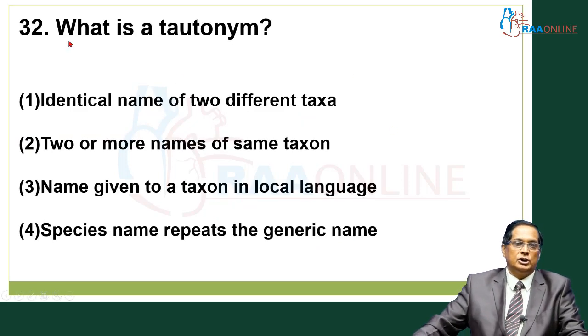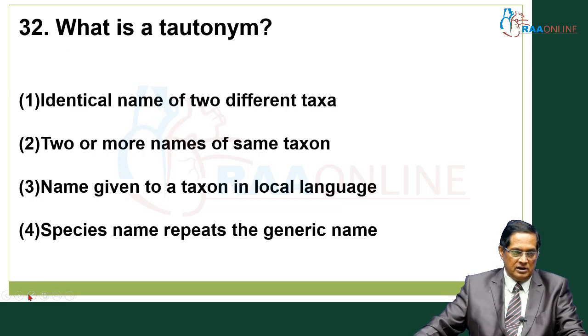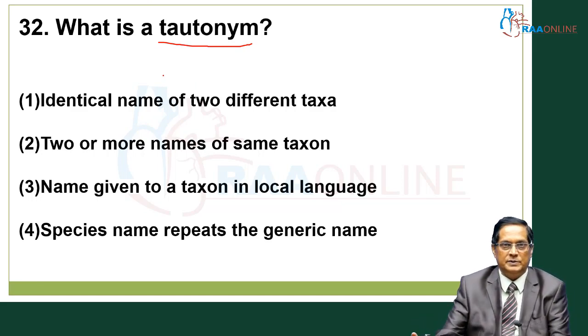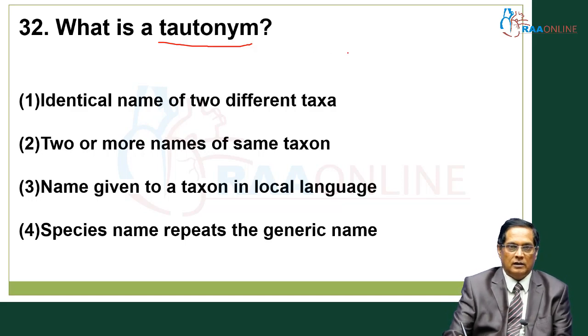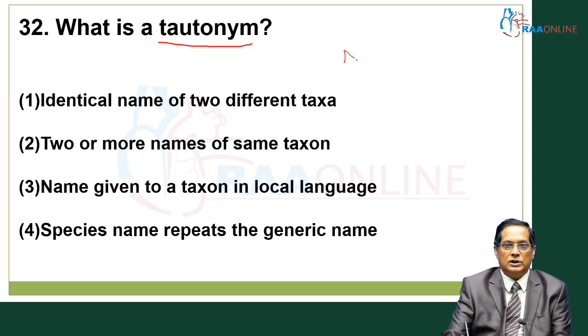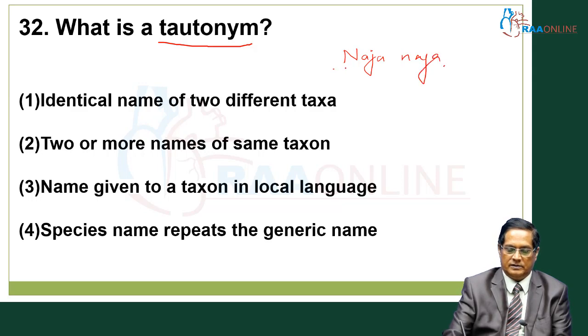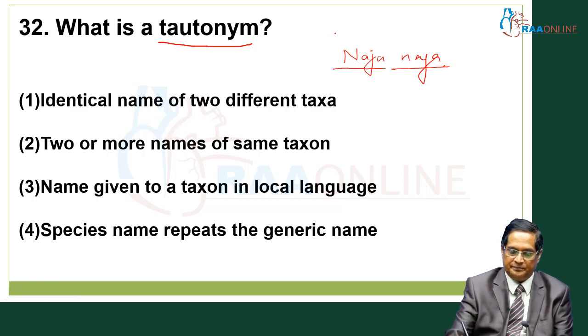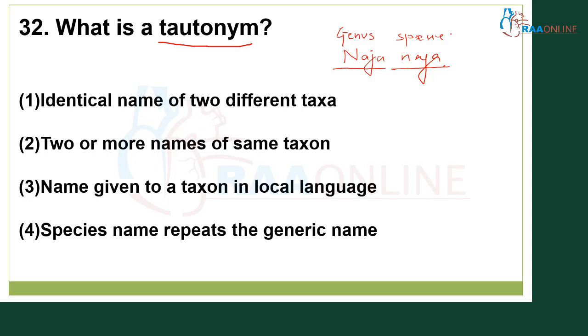Now next, tautonyms. A rarely asked question. What is a tautonym? In the binomial system, we know genus and species are represented. You know the cobra. Its scientific name is Naja naja. In this name you see, genus and species both are same.